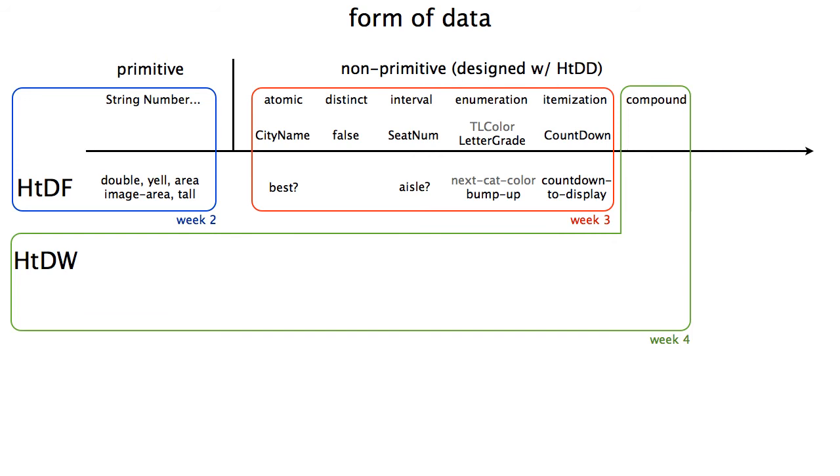And we'll do some examples in the cross product, some examples in the green box, but we won't have to do all of them in lecture, because once you know how to design worlds and once you know compound data, you can do anything in the blue, red, or green boxes.